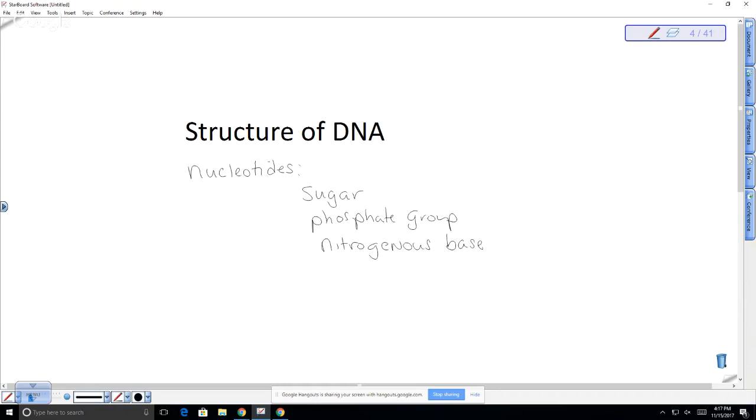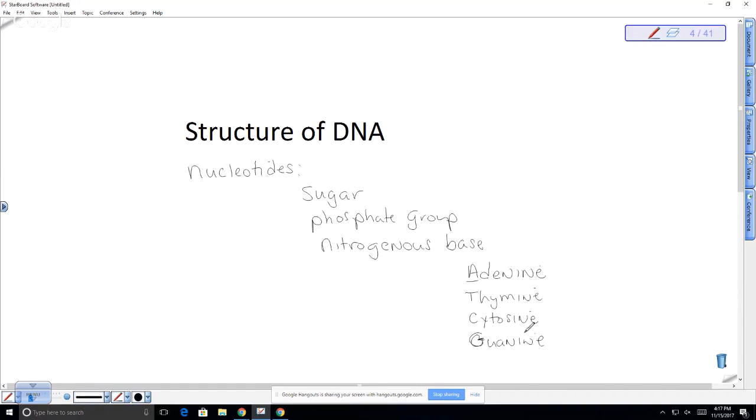The nitrogenous bases are A, which stands for adenine, T, which stands for thymine, C, which stands for cytosine, and G, which stands for guanine. Those are the nitrogenous bases, and those are the letters that we look at.